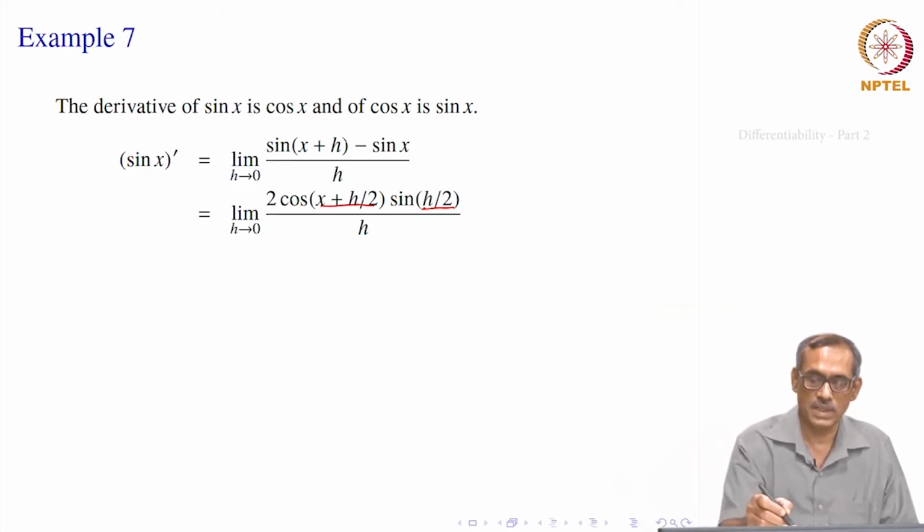But we do not know which one is bigger, that is why in cosine form we are writing. You can also write in sine form, thinking that h is positive. Anyway, so this is how it looks.